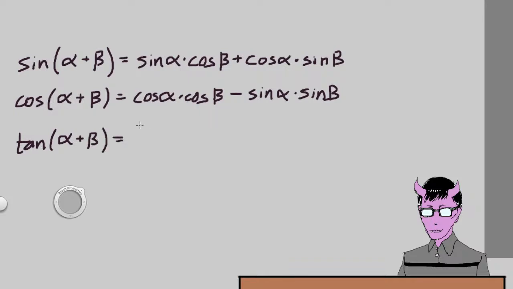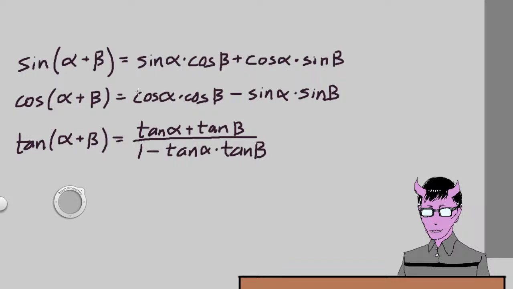Then that one is going to be tangent of the first one, and then plus tangent of the second one, all over 1, and since the top is plus, this is going to be minus tangent of the first one, and then times tangent of the second one. Have fun memorizing that junk.